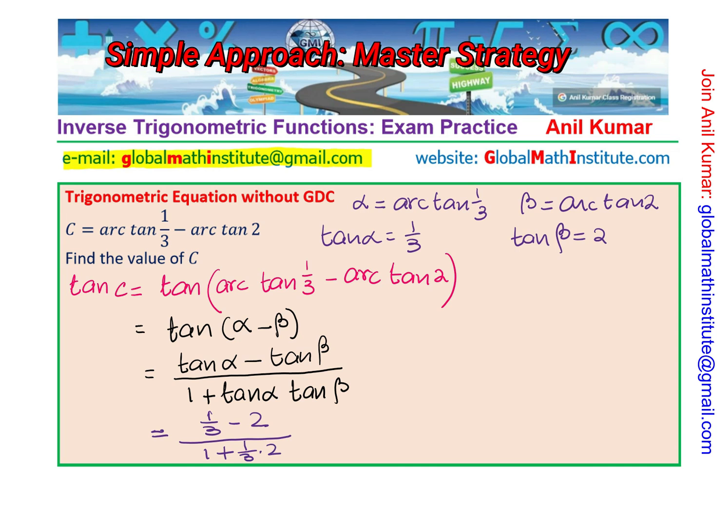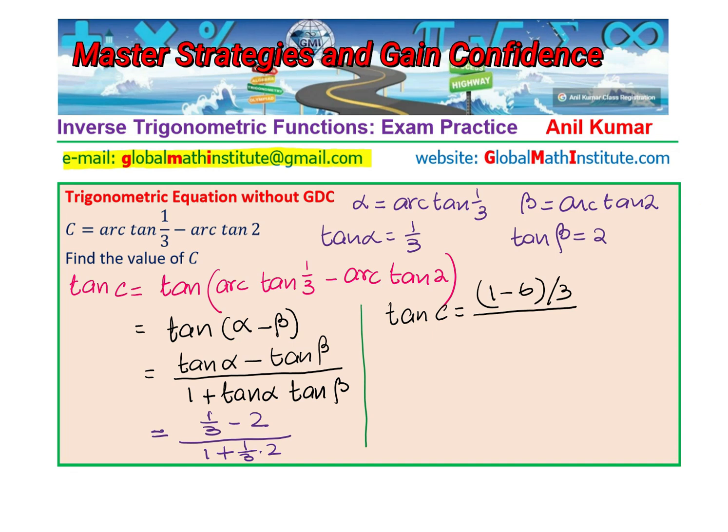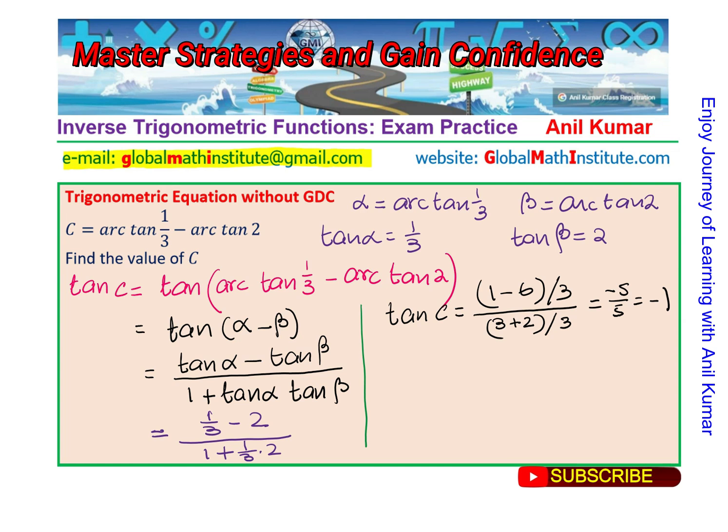Now let's calculate this value. We get tan C equals 1 minus 3 times 2, 6, over 3, over 3 plus 2, over 3. And that gives you minus 5 over 5, which is minus 1. So we get tan C as minus 1.